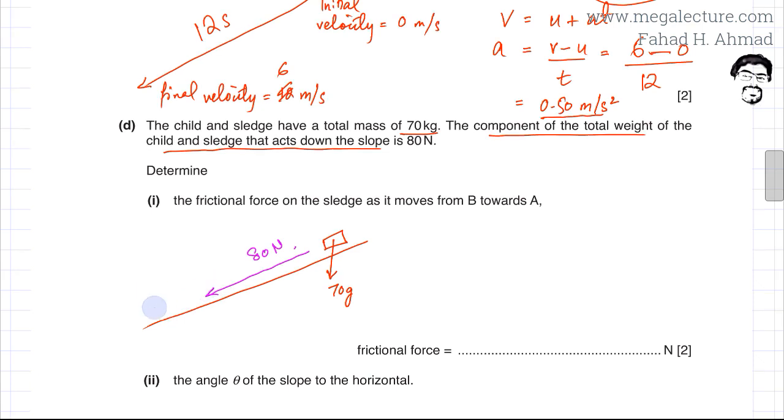Now there's going to be a frictional force acting in the opposite direction, trying to stop the sledge from moving. Right now this frictional force is unknown. I don't know what that frictional force is, but that would result in the net resultant force.